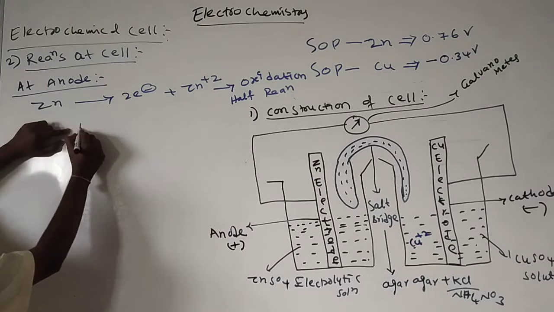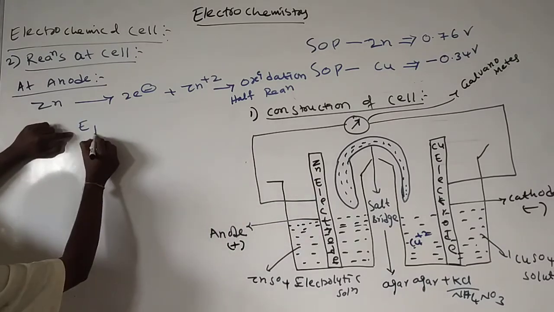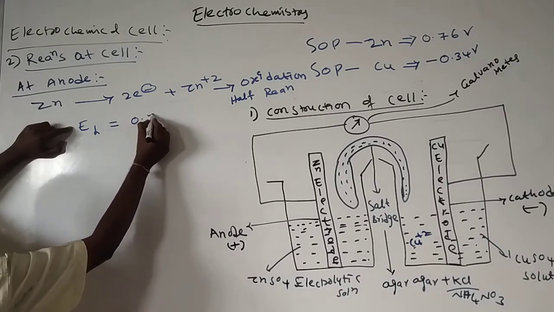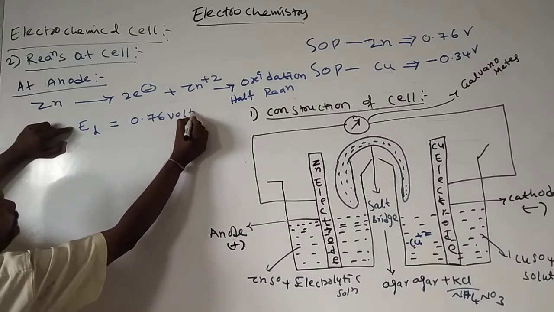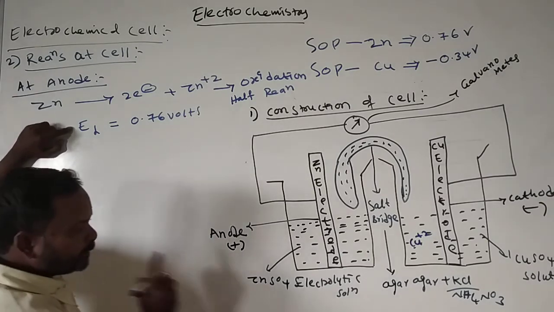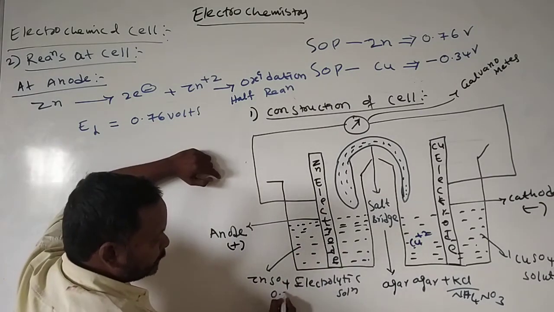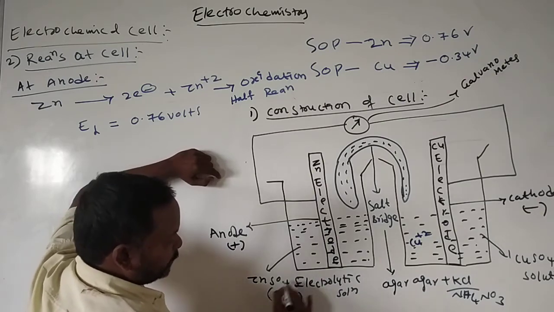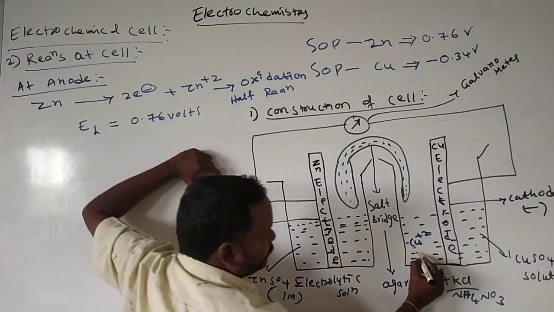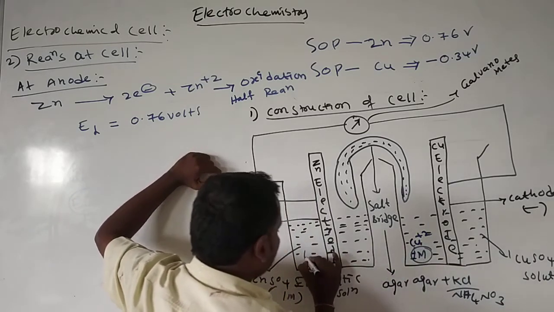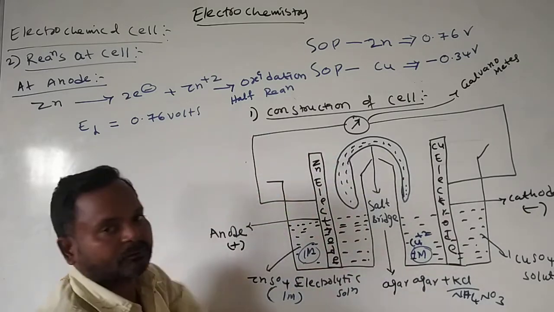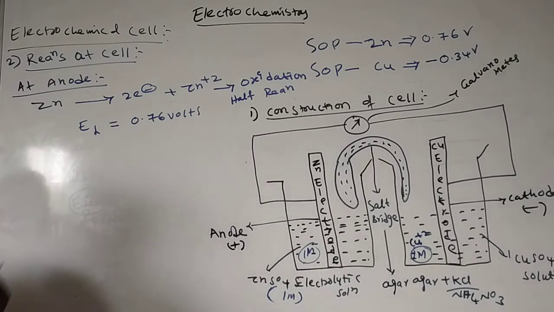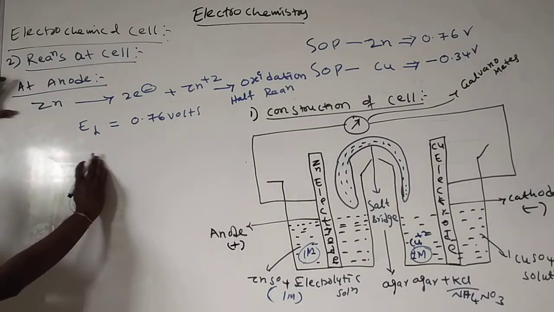The electrode is on the left, so E left is equal to 0.76 volts. The concentration of the zinc sulfate solution is always 0.1 M, sometimes we use 1 M also. Here 1 M, here also 1 M. The concentration of the solution is 1 M in both cases. This is the oxidation reaction finished.